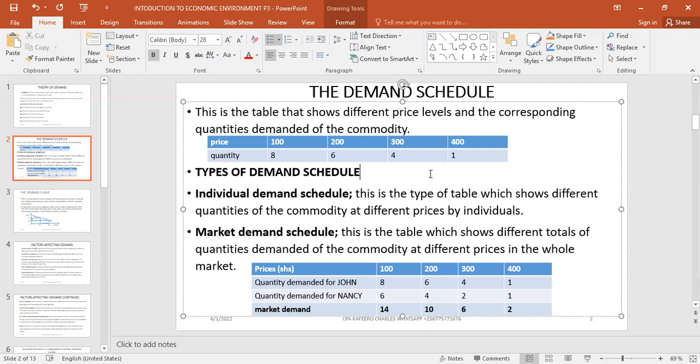What someone buys from the market, that's the individual demand schedule. You can call it a table, you can call it a list of the items someone is buying from the market at a given period of time at a given price.